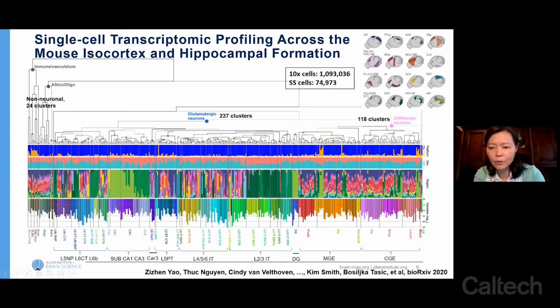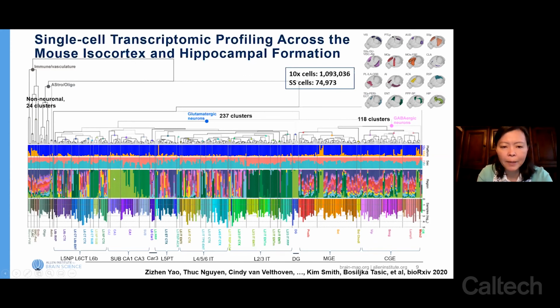All these regions you can see here are shown in this greenish color, meaning that they come from hippocampal formation. So in addition to the shared GABAergic types, we also identify a set of highly specific cell types that are specific to hippocampal formation.